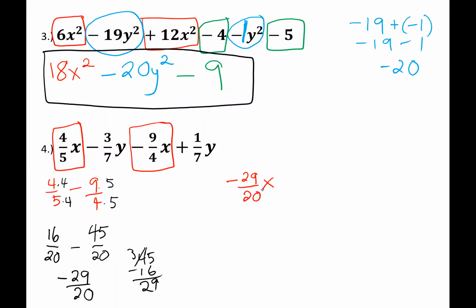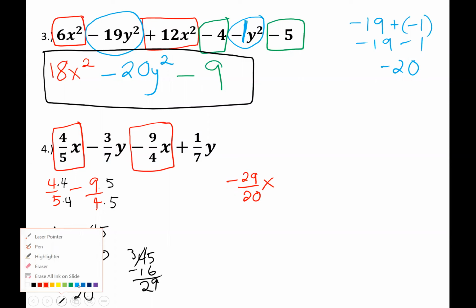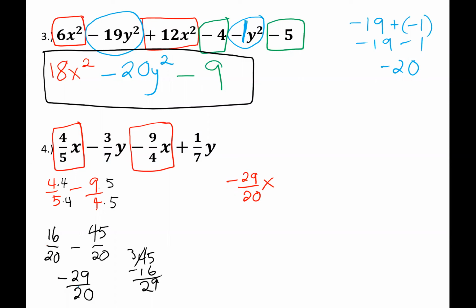Okay, now we have to do a similar process with the y variables, with the y terms. This one will be easier because they already have a common denominator. So the other terms we haven't combined yet are negative 3/7 y plus 1/7 y. So when I combine those fractions, negative 3/7 plus 1/7, they already have a common denominator of 7. So I don't need to do that extra work.